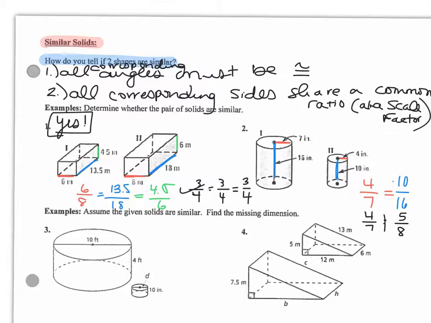Notice those ratios do not match, which means these cylinders are not similar. Because these rectangular prisms were similar, if it asked for that common ratio or scale factor, it'd be 3/4. Here, because these cylinders are not similar, I have no common ratio or scale factor.